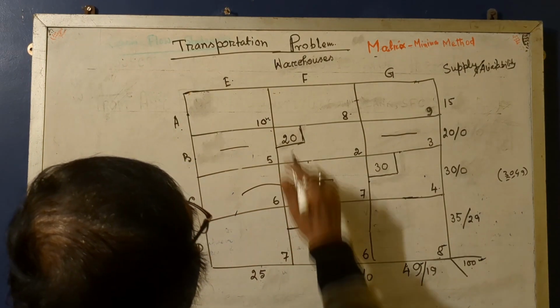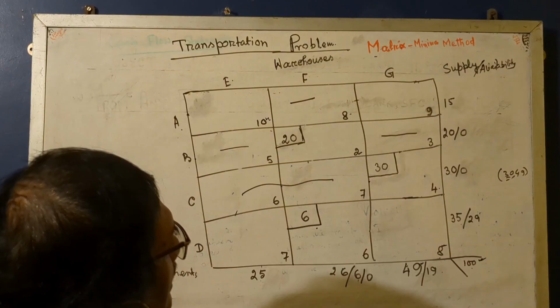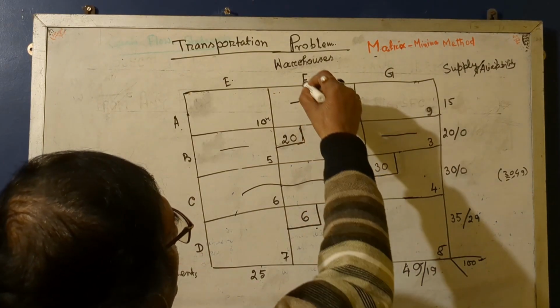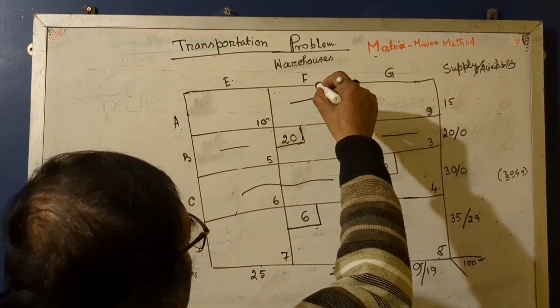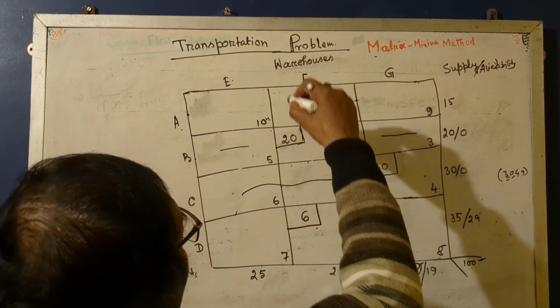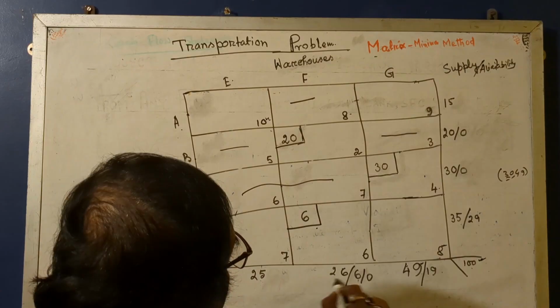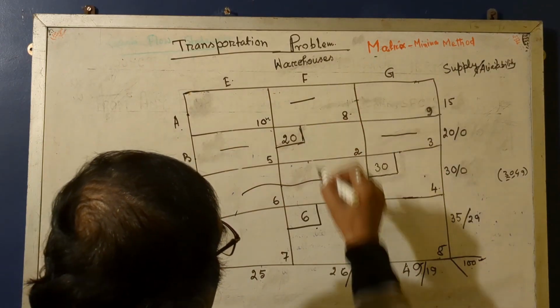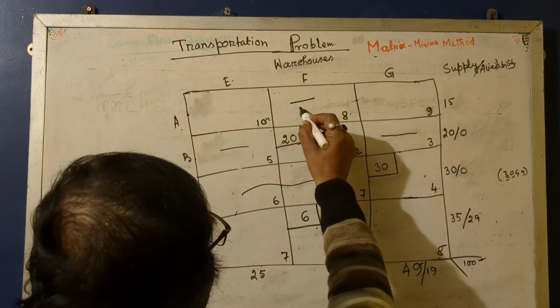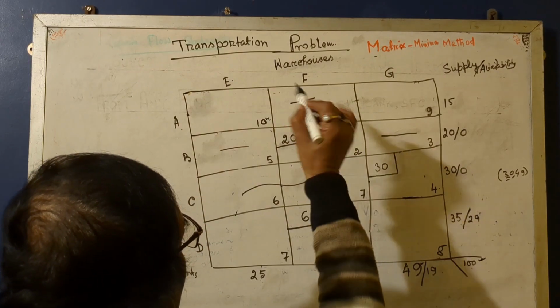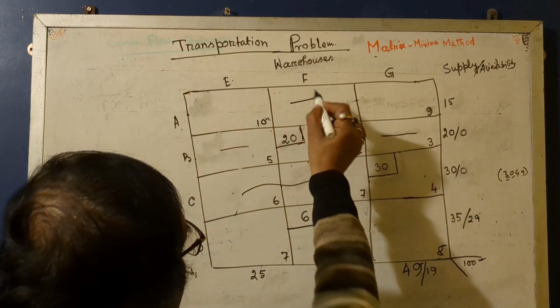As it is 0, you cannot allocate here, because the entire amount required for warehouse F has already been allocated. 20 and 6, total 26, so the requirement for this warehouse has been fulfilled. That's why it is not possible to shift any units to this cell, and I have blocked it.